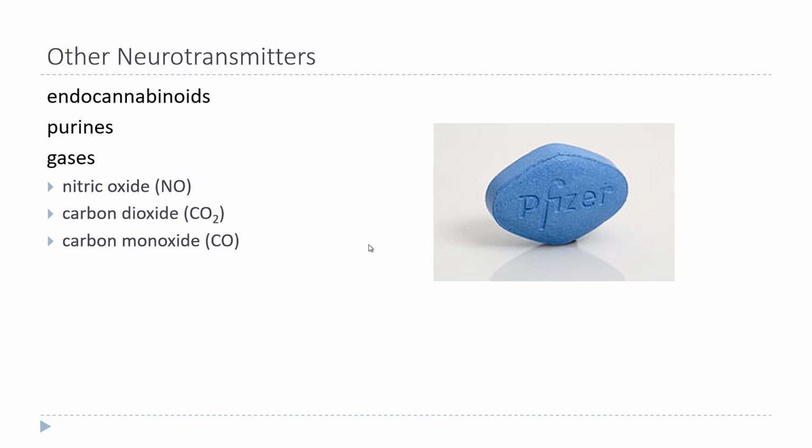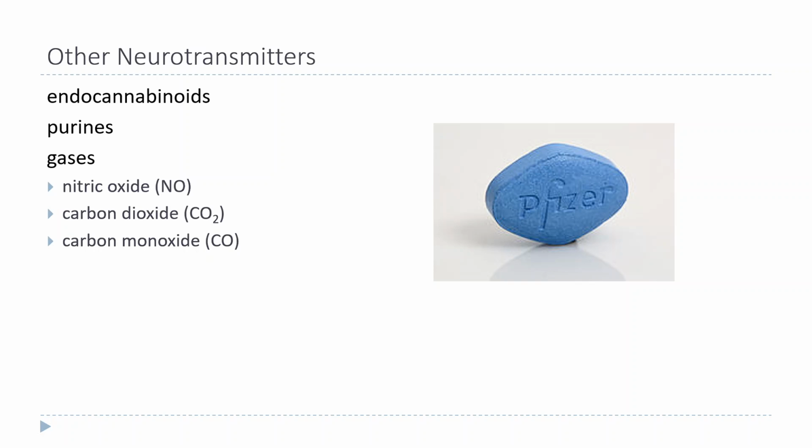So nitric oxide, for example, has one of its roles in the body as a vasodilator, which means that it can trigger blood vessels to dilate and let more blood through. And that can also be controlled by the brain. Just an interesting side note about nitric oxide: one of the downstream molecular targets within its pathway is broken down by an enzyme, which in turn is blocked by the drug Viagra.